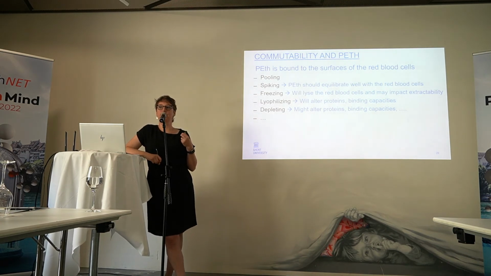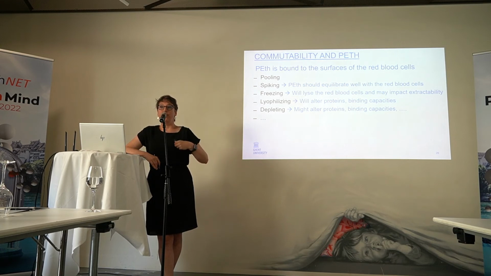We know that if you spike a sample and apply it directly, you come into trouble. So spiking is understood as already an artificially prepared sample with a risk of behaving differently.